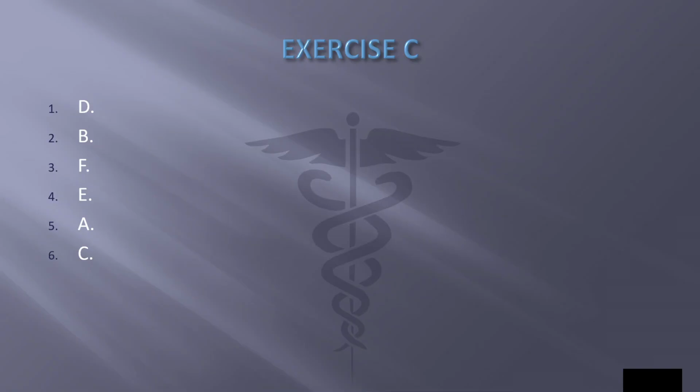Number 3, medullary is letter F, pertaining to the lower part of the brain closest to the spinal cord. 4, encephalitis is letter E, inflammation of the brain. 5, neuropathy is letter A, disease of nerves. And 6, cerebellar is C, pertaining to the posterior portion of the brain that controls equilibrium.